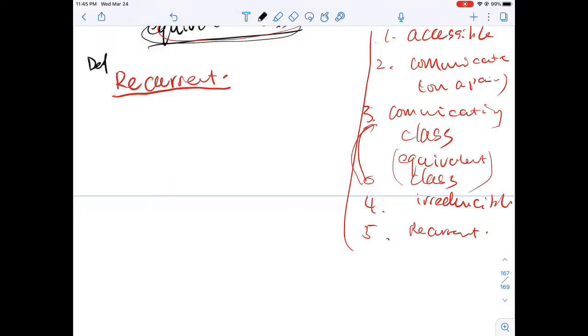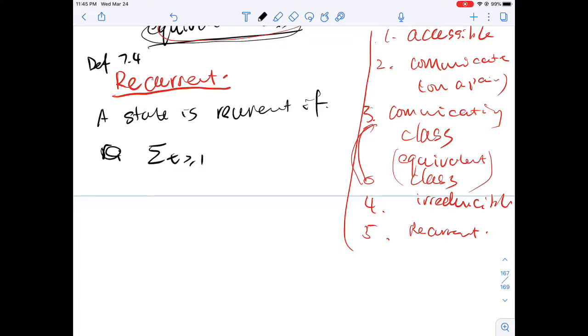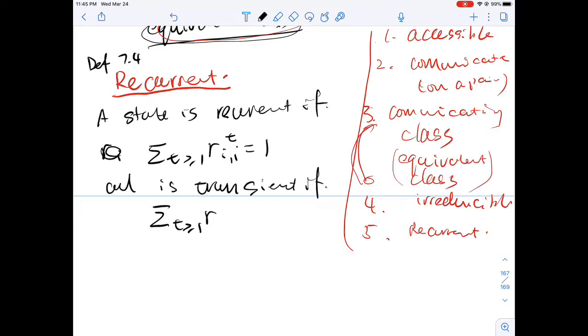Definition 7.4: a state i is recurrent if the sum over t greater than or equal to 1 of R_ii(t) is 1, and is transient if the sum over t greater than or equal to 1 of R_ii(t) is less than 1.